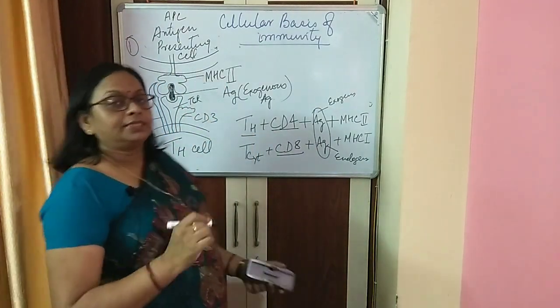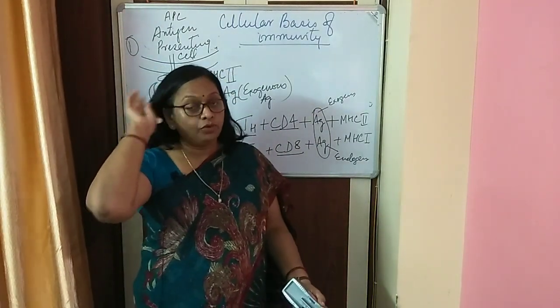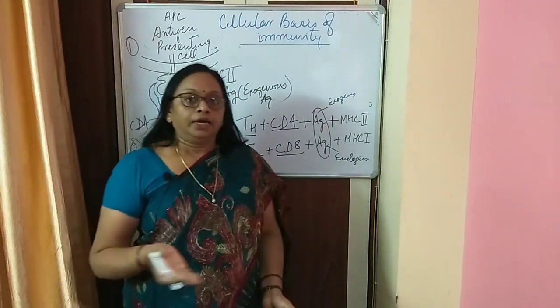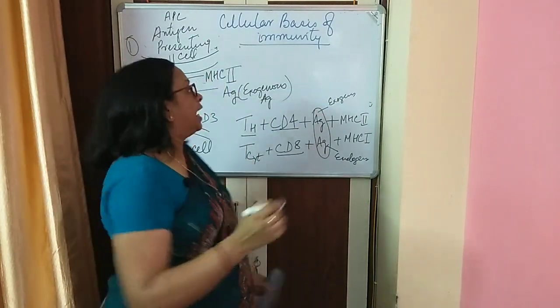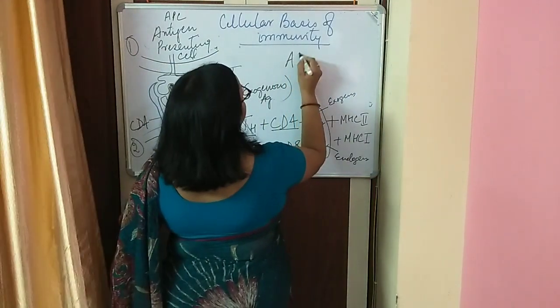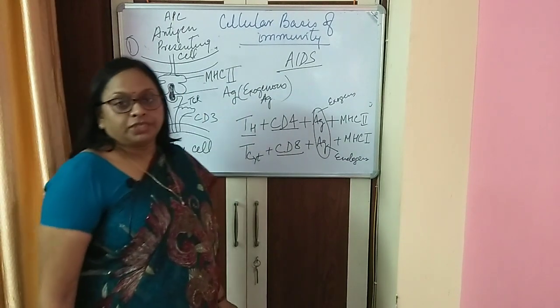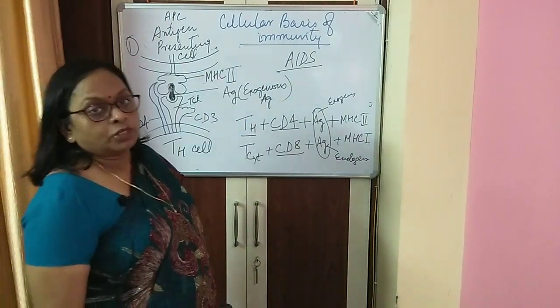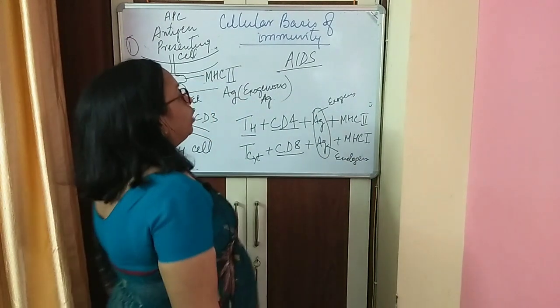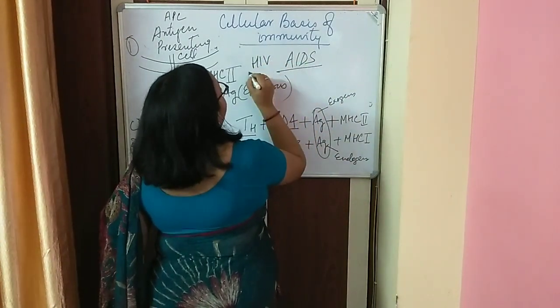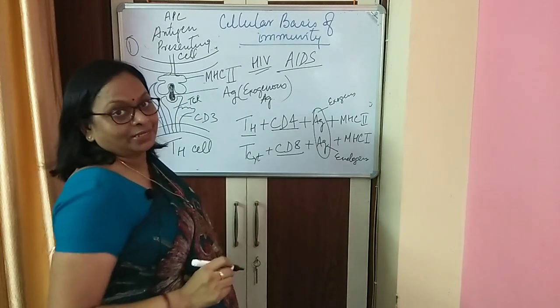At this time I would like to remind you, you might have studied in various papers and in textbooks, that AIDS, acquired immunodeficiency syndrome, is caused by the HIV virus. What does it do? HIV virus attacks which type of cells?